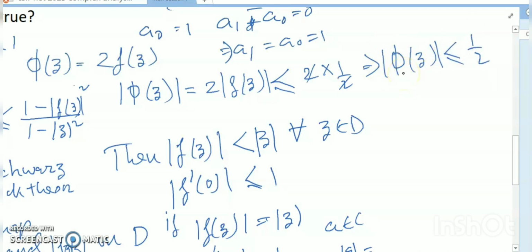Sorry, not half, it is less than or equal to 1. So when mod of f(z) is less than half, I can write that mod of phi(z) is less than 1.